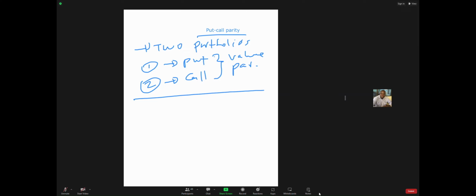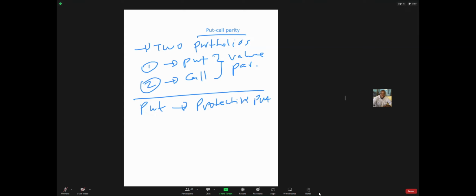So we can begin by saying that for a put, we will call this one a protective put.